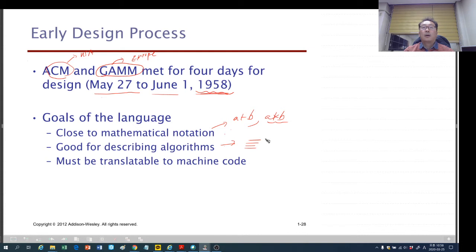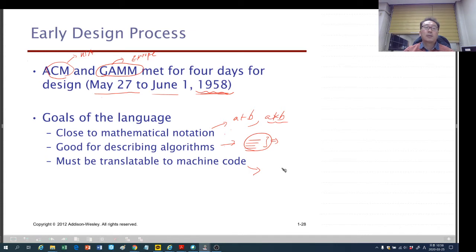So it should be useful to describe printed algorithms. 그래서 두 번째 요구사항은 우리가 책이나 논문을 쓰면서 썼던 알고리즘 기술하는 방법을 프로그래밍 언어가 그대로 담았으면 좋겠다라는 거고, 마지막 골은 당연히 이제 머신 코드로 자동으로 바뀌었으면 좋겠다.